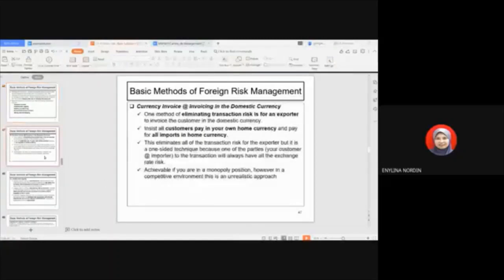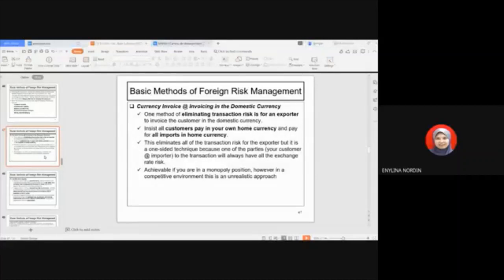The first one is about the currency invoice. This is where the company arranges for the contract and the invoice to be issued in home currency. This will shift or pass all the transaction risk from your company to the other party.